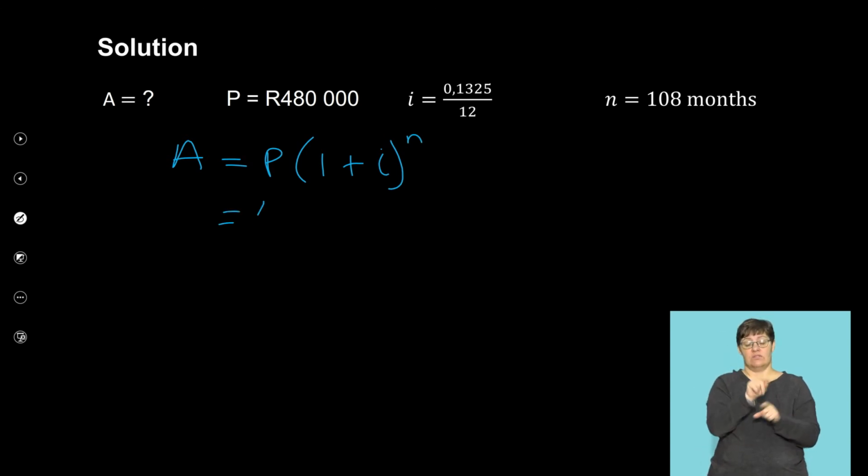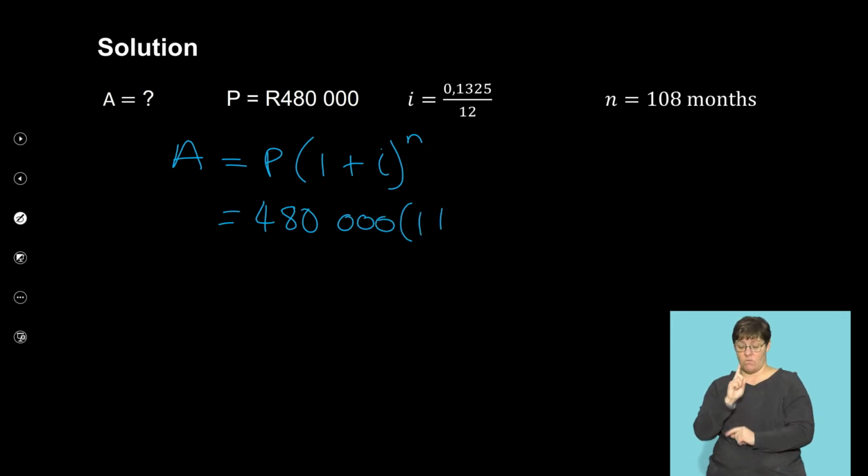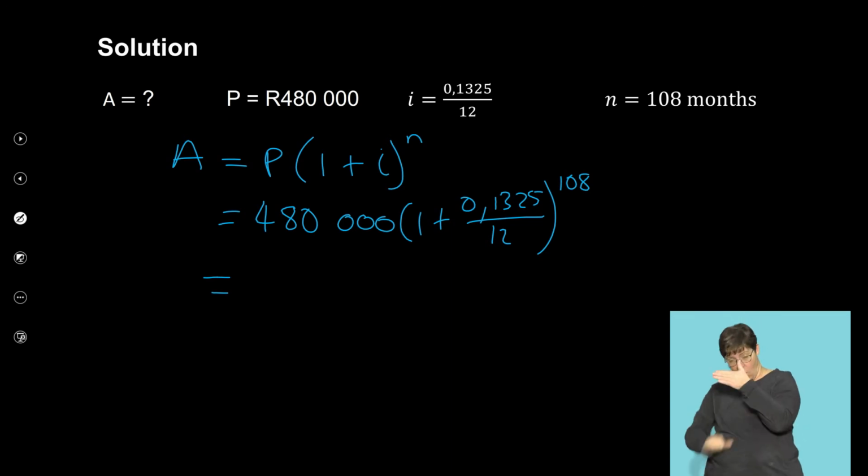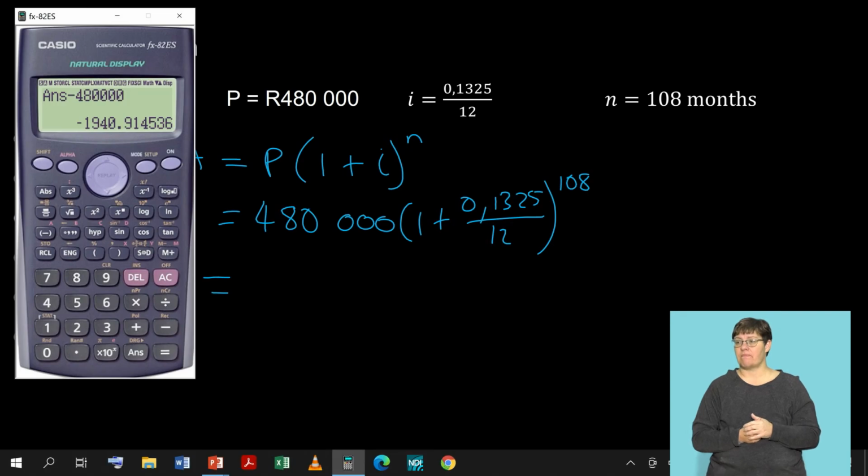And this will be 480,000 into 1 plus the interest, 0.1325 divided by 12. This gains interest for 108 months. And whatever I get here, I'm going to subtract what I have paid up until 108 months. So this will be 480,000 into 1 plus 0.1325 divided by 12.